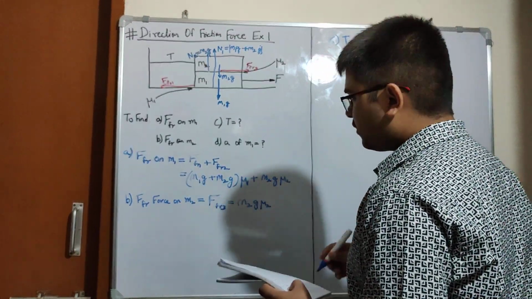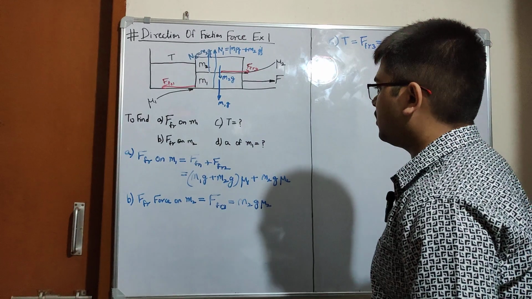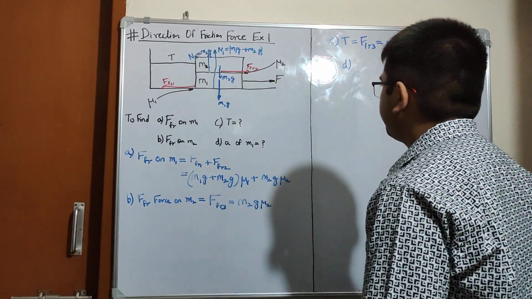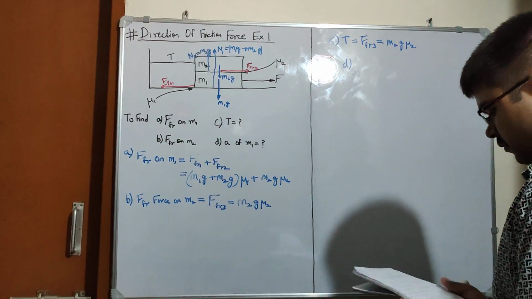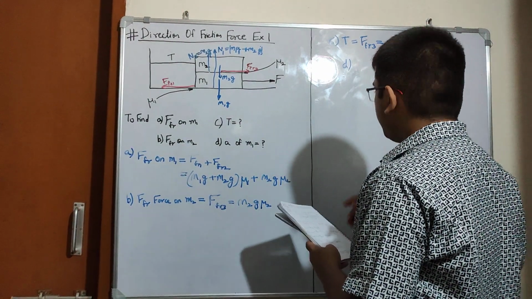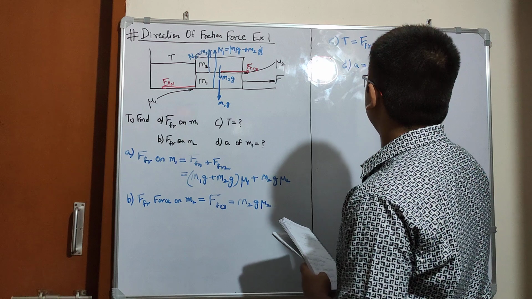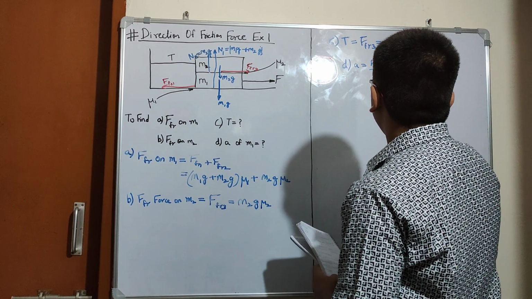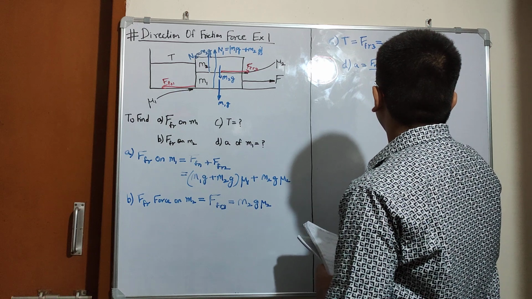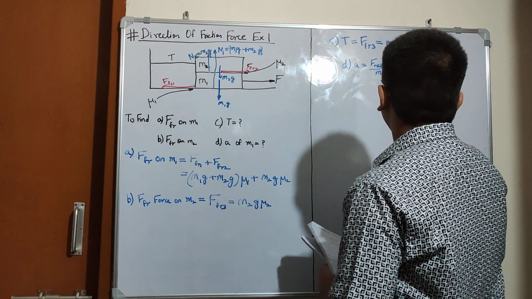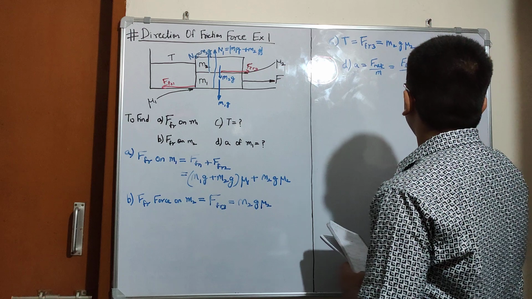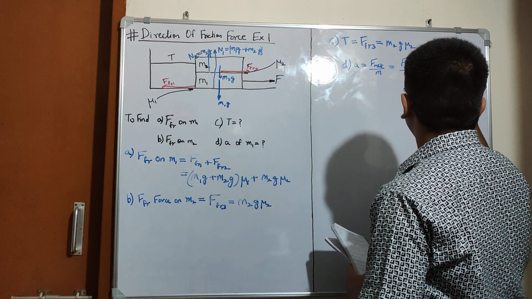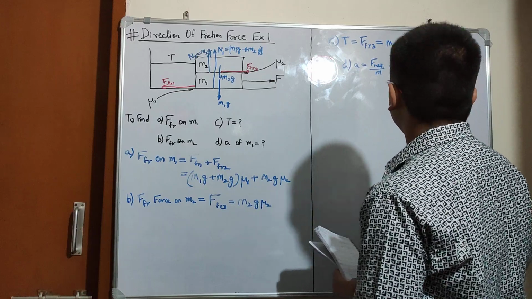Now the last part, the acceleration of mass m1. So we have part D, a equals F net by m, equals F aiding minus F opposing by mass.